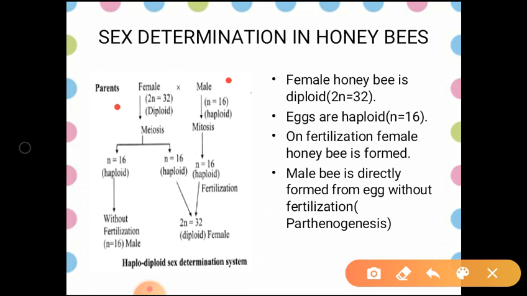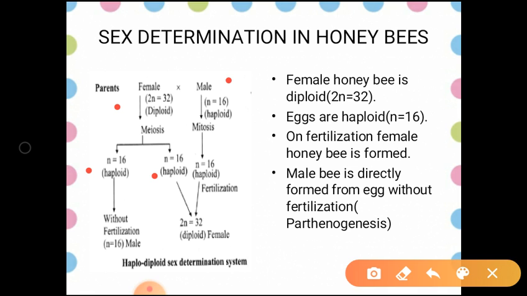Now during gamete formation, the egg mother cell having 32 chromosomes will undergo meiosis. Meiosis is reduction division. So after meiosis, the egg is formed, and it consists of 16 chromosomes. Clear?